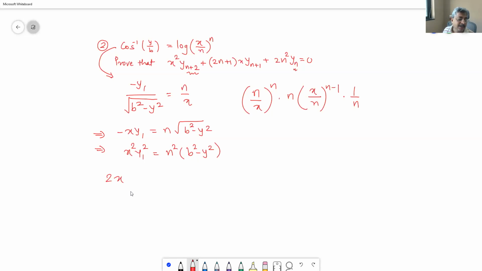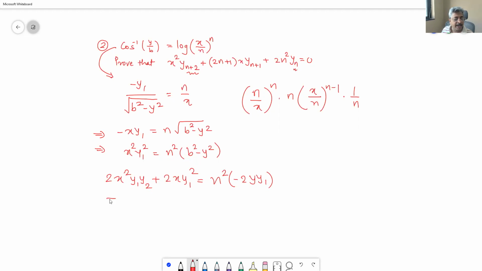2x square, 2 comes here, then y1 into y2 plus derivative of x square 2x into y1 square is equal to n square b square is constant, so n square inside bracket minus 2y y1.